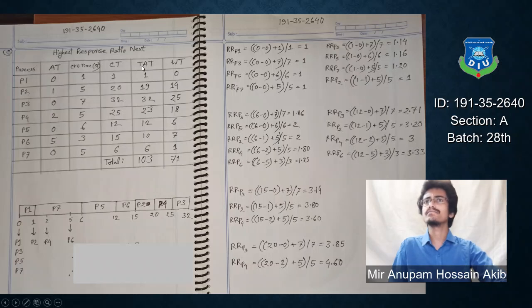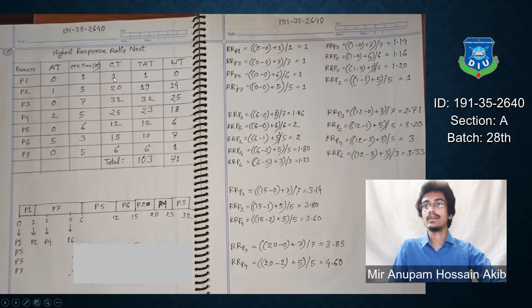Then we have to find the turnaround time for each process. The formula for turnaround time is completion time minus arrival time. The completion time of P1 is 1, because if we look at P1 from the last, this is the end of P1.